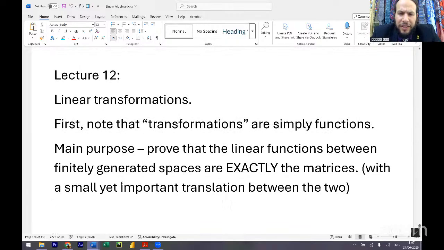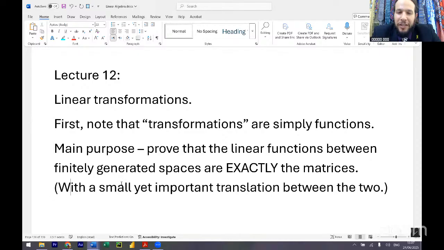And so that's one of the main things you should learn in linear algebra 1 in general.